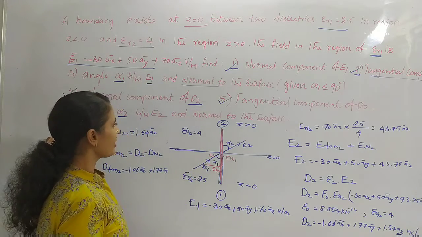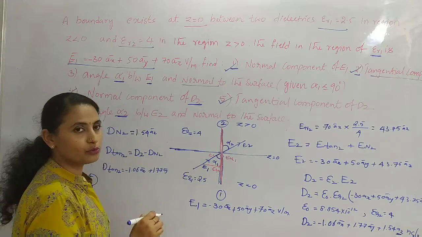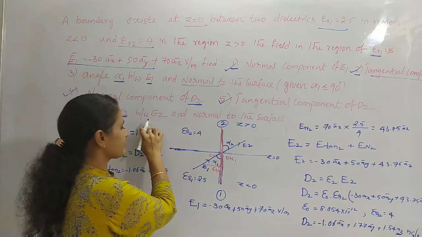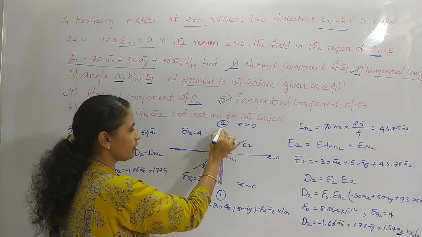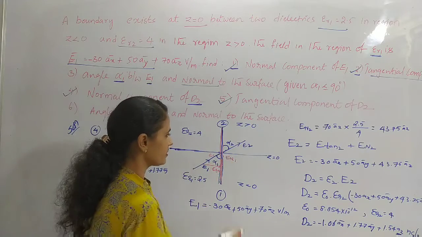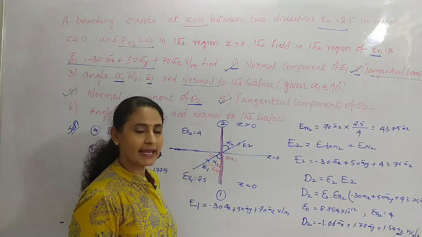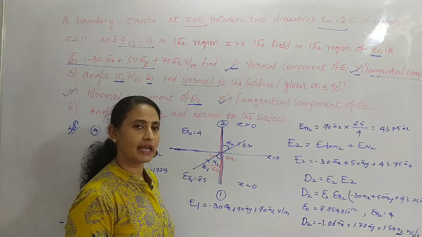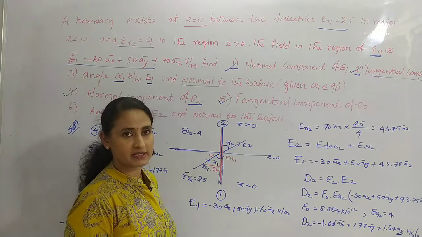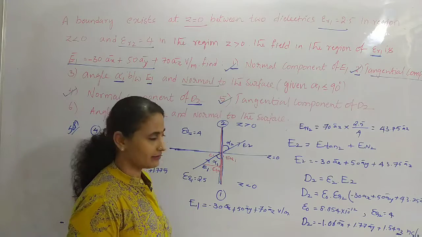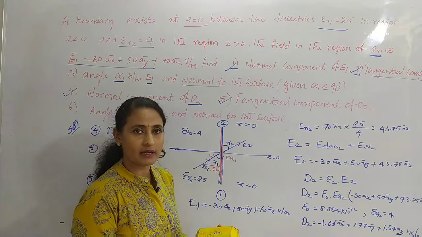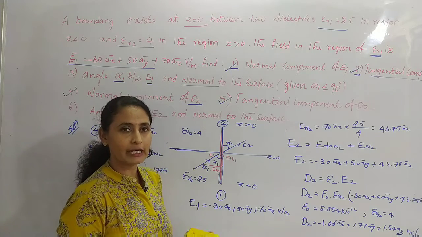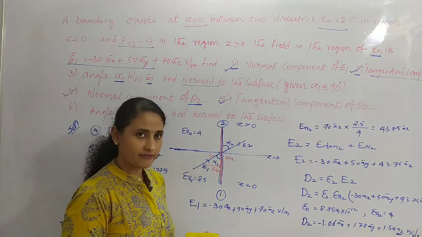Let us go with the sixth bit, the last part of the question. Find alpha 2, which lies between E2 and the normal to the surface. Again you can find alpha 2 by using any trigonometric function, maybe sine theta, cos theta or tan. In the previous case, while calculating the value of alpha 1, we used the tan function.